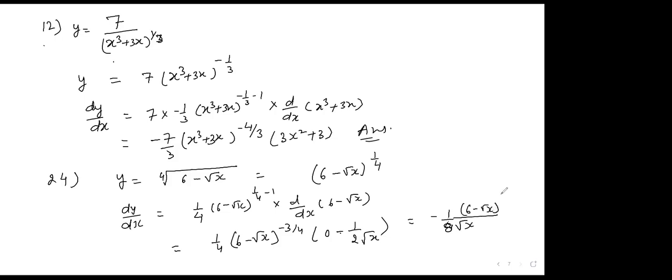Did you understand? 4 times 2 root x is 8 root x, in the denominator, and in the numerator we have 6 minus root x to the power negative 3 over 4. So this will be the answer.